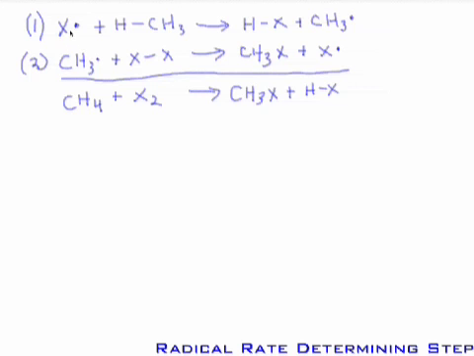Well, in step 1, X dot is pulling off an H. In step 2, the methyl is pulling off an X. There's no H being pulled off. So one major difference between step 1 and step 2 is step 1 involves hydrogen abstraction.